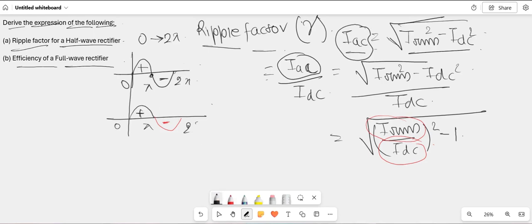So the period is the same. This period is pi and this period is also pi. So we can say that the period varies from 0 to pi in a half-wave rectified output.